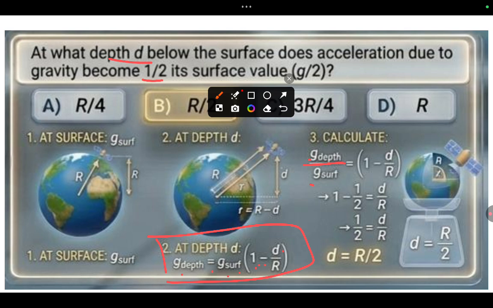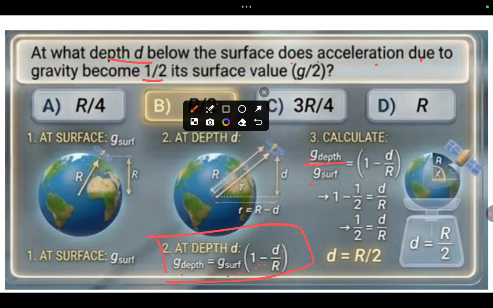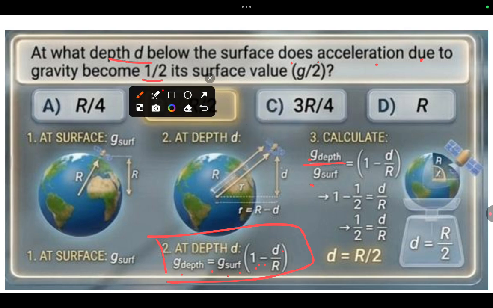It is clearly mentioned that below the surface the acceleration due to gravity becomes 1 by 2 of its surface value, that is half, g by 2.